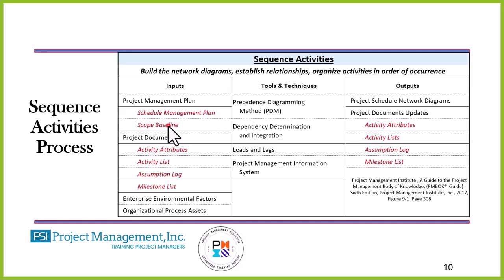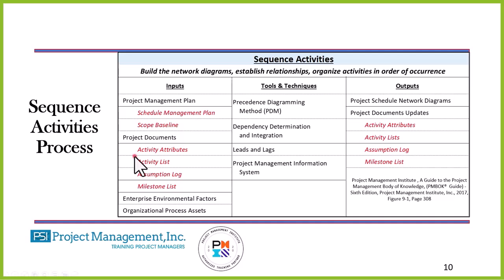I'm going to decompose those work packages down into individual activities, and then from that I will sequence those activities. When I decompose it down into the activities, I'm creating the activity list. This activity list then will be what I use to sequence the activities in the project network diagram.